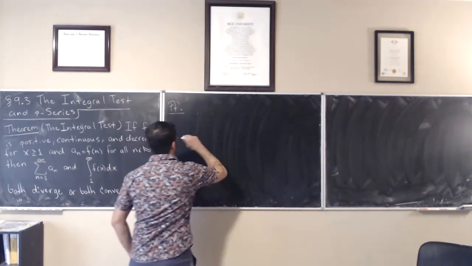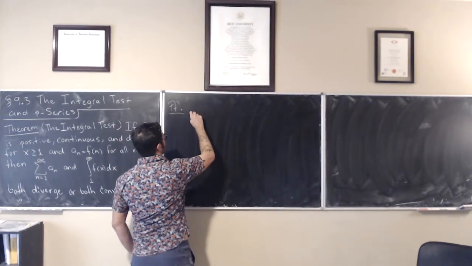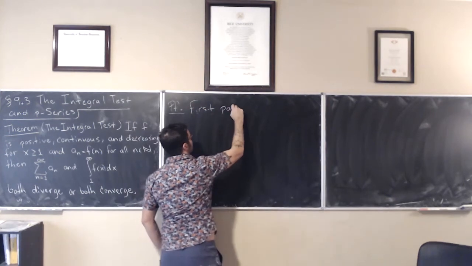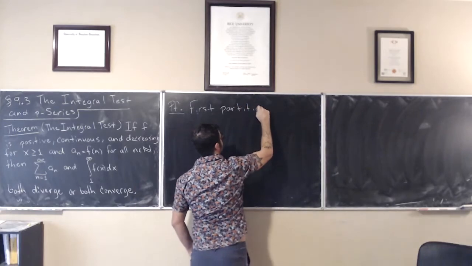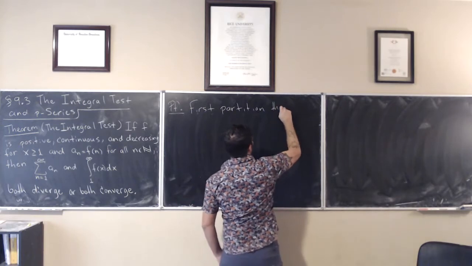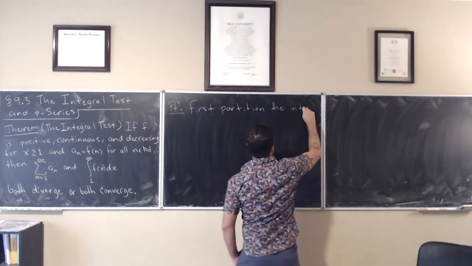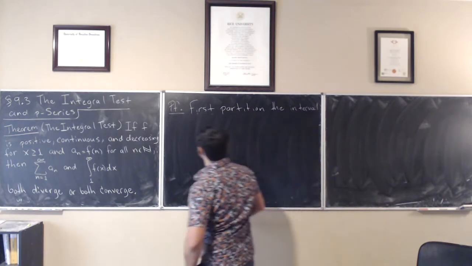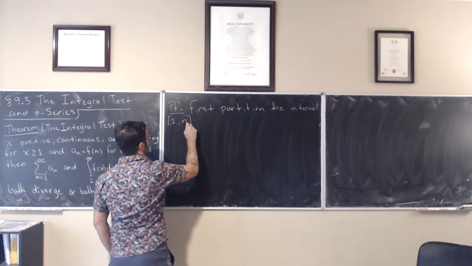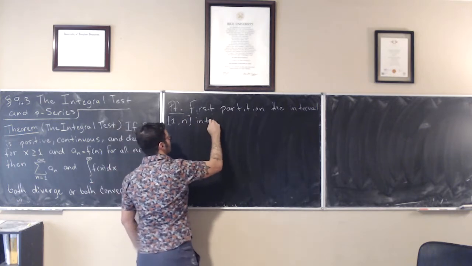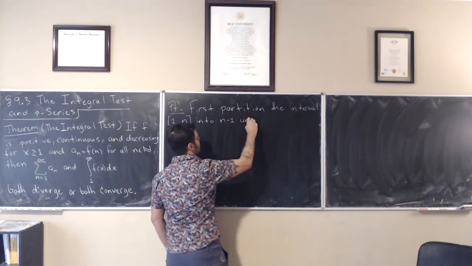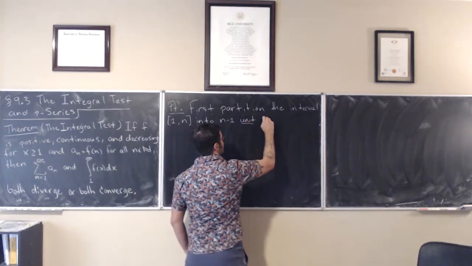So first, we're going to partition the interval one through n into n minus 1 unit intervals.